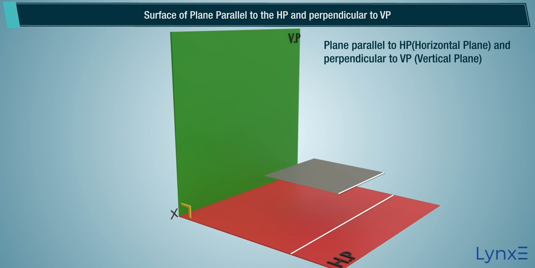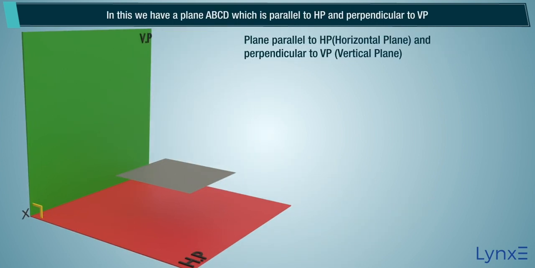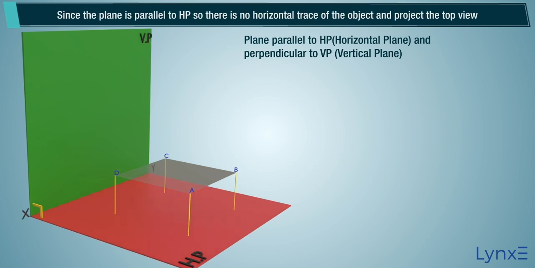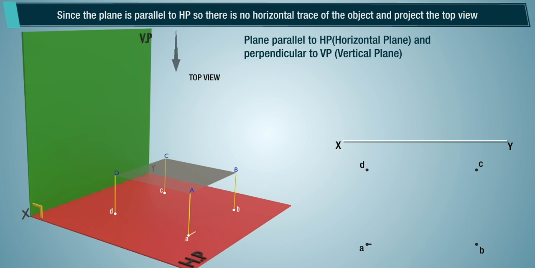Surface of plane parallel to the HP and perpendicular to VP. In this we have a plane ABCD, which is parallel to HP and perpendicular to VP. Since the plane is parallel to HP, there is no horizontal trace of the object, and project the top view.